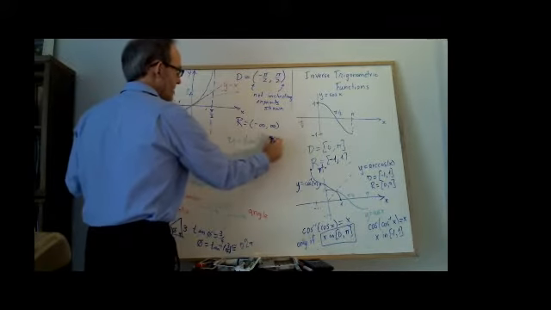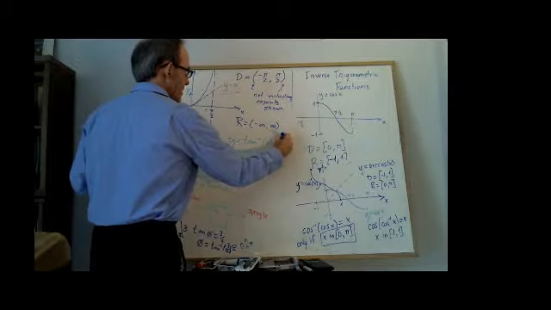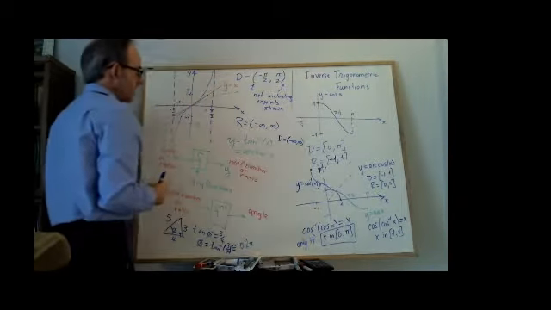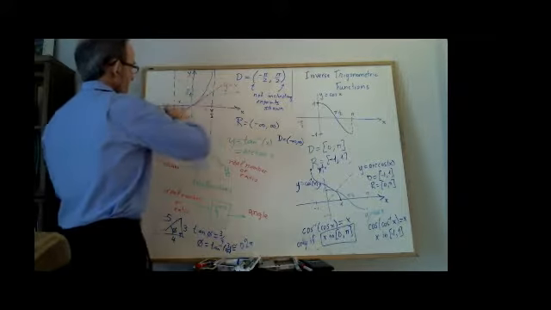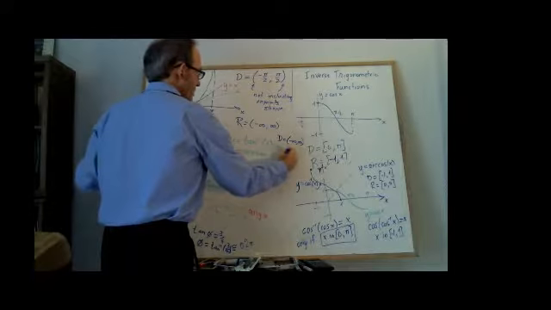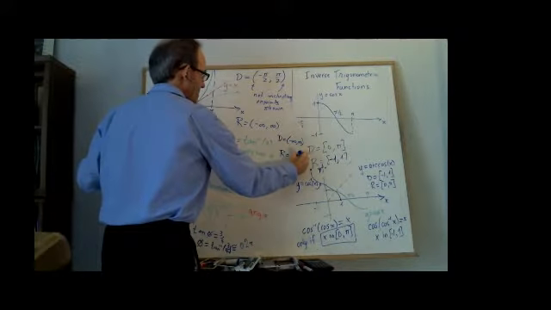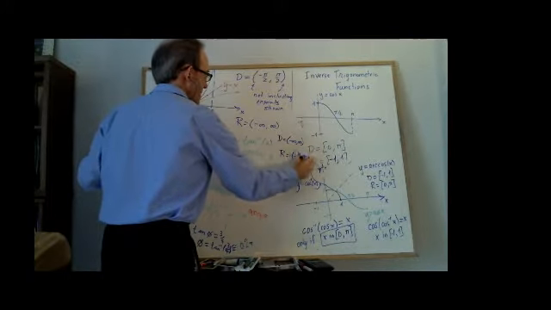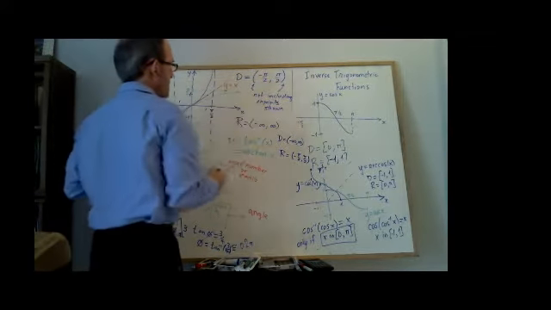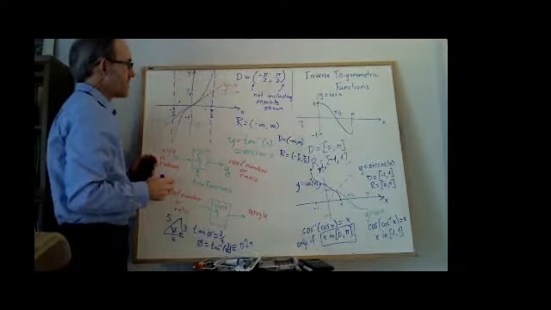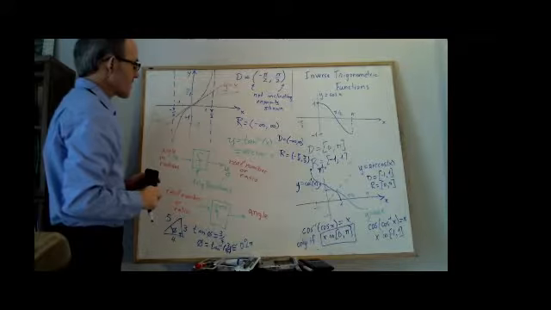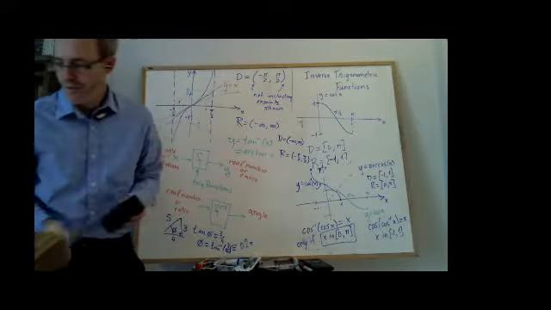You don't have to restrict the domain here. It's all the real numbers. And the output, the range though, is from minus pi over 2 to plus pi over 2, not including the endpoints, as is shown here. So it's just the same as the domain of the original restricted tan function.